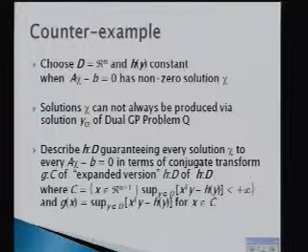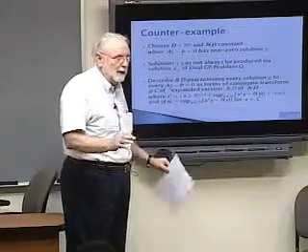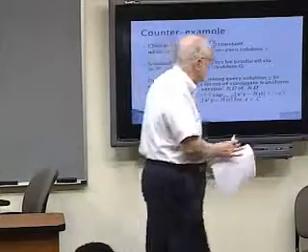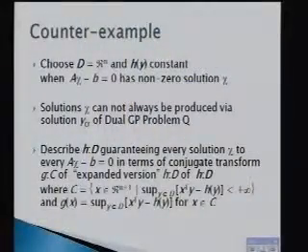Those of you who don't know about conjugate transforms, you may know about Legendre transforms. And Legendre transforms are very similar. Maybe I'll put that up here. Or maybe I shouldn't. Is there anybody who doesn't know about conjugate transforms?